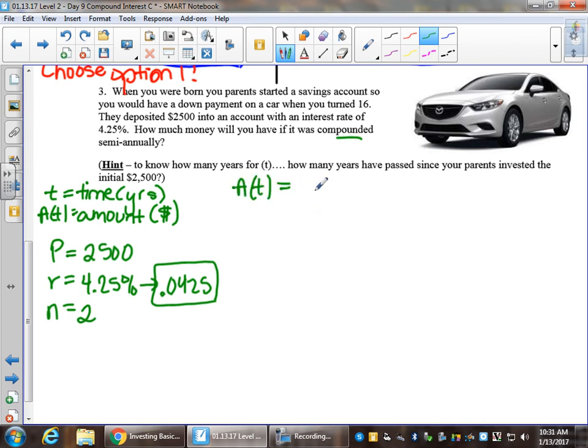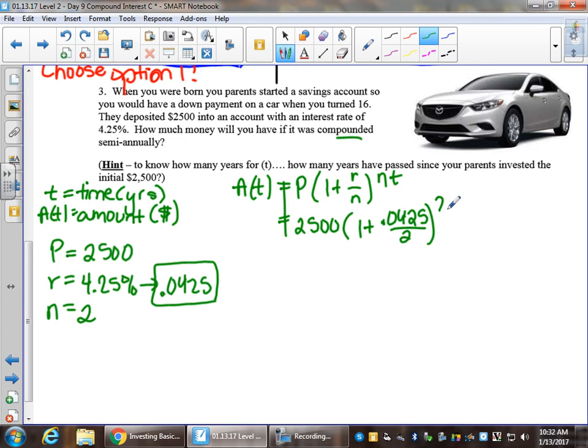So this will be our 7th or 8th time writing the model. Hopefully we're feeling more comfortable as we write it over and over. A of t equals P times 1 plus R divided by N raised to the NT. That becomes 2,500 times 1 plus 0.0425 divided by 2 to the 2t.